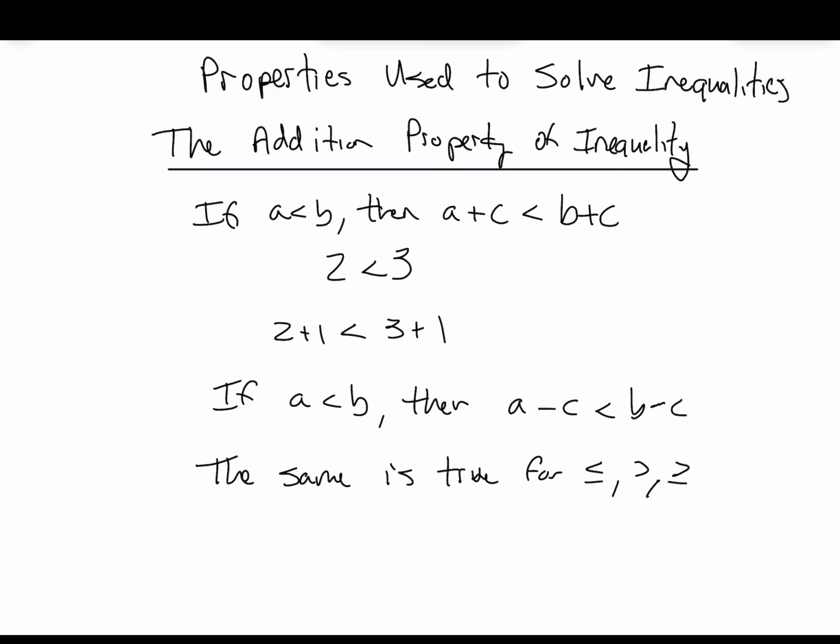So basically, just like with equations, linear or otherwise, as long as you add the same number or subtract the same number from both sides of the inequality, then you retain the same inequality symbol. That property still holds. Let's now talk about multiplication.